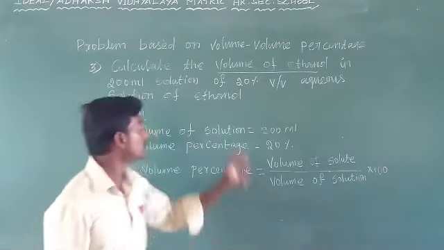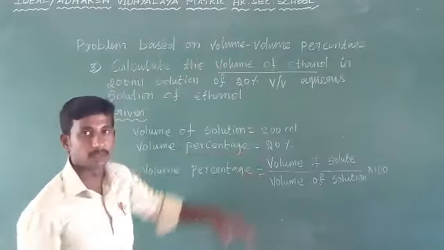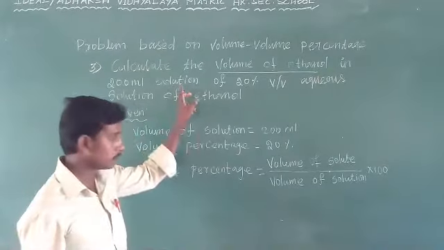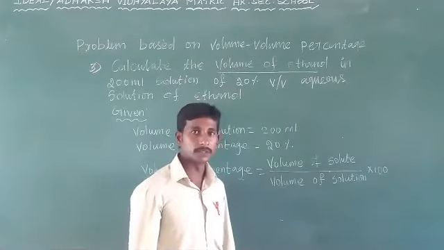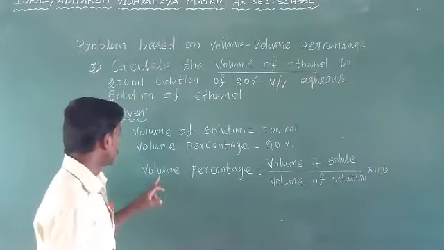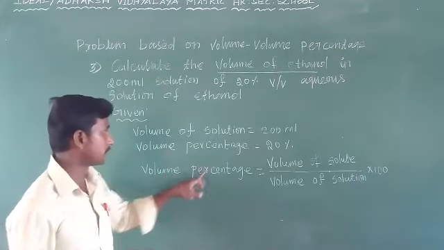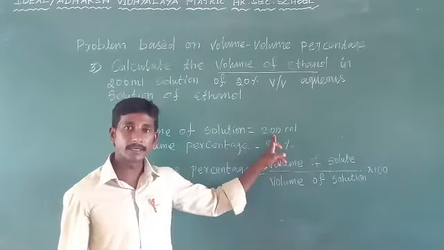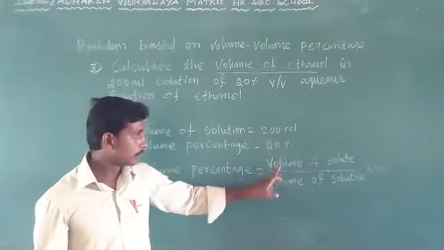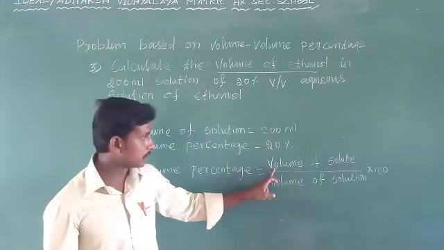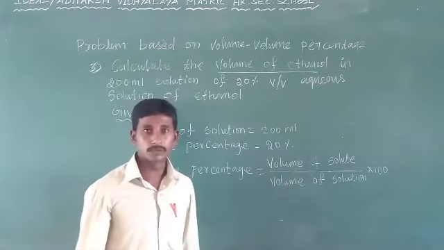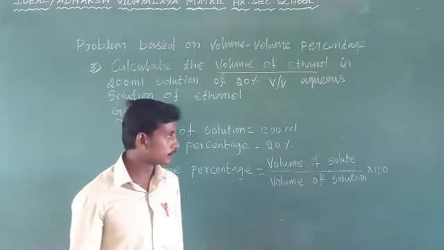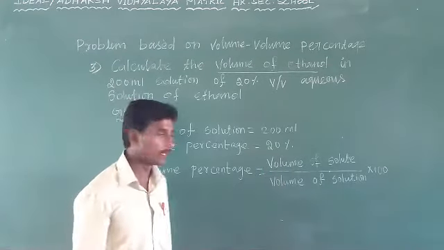Here we know the volume percentage, that is 20%, and the volume of solution, that is 200 ml. We can't know the volume of solute, so we have to calculate it.